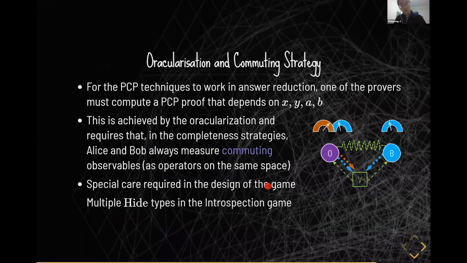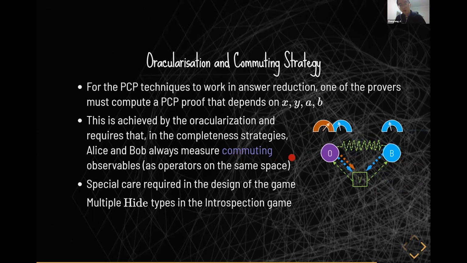So there are several extra points that one has to take care of. One is that for the PCP technique to work, we need to do this oracleization. And what this oracleization is doing is Alice is doing both Alice and Bob's measurement on Alice's side. And that requires that Alice and Bob's strategy in the beginning uses commuting observables.